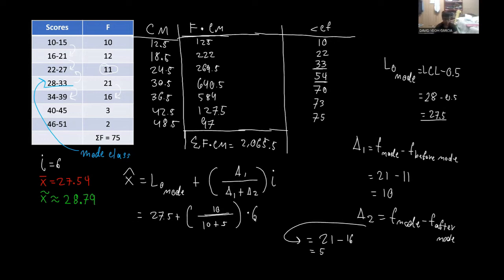So I'm using my calculator, forgive me. So 10 over 10 plus 5, times 6. We're going to have an exact value of 31.5. And that is the mode of the grouped data.